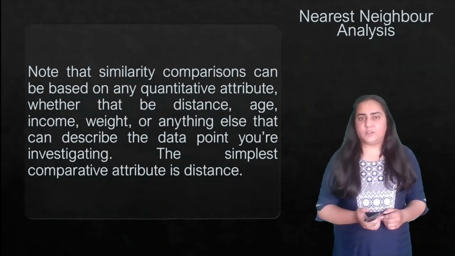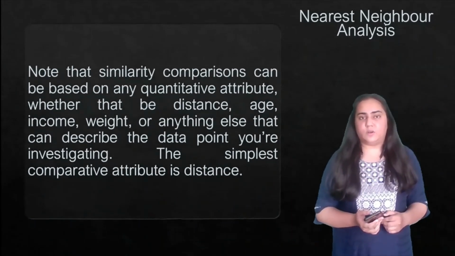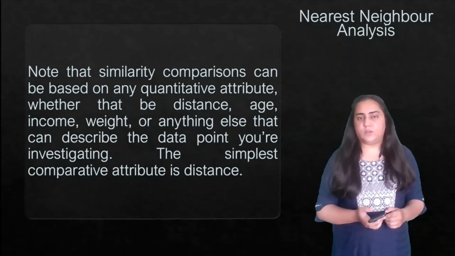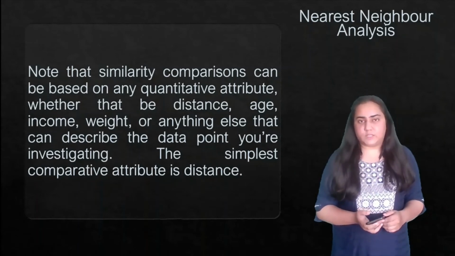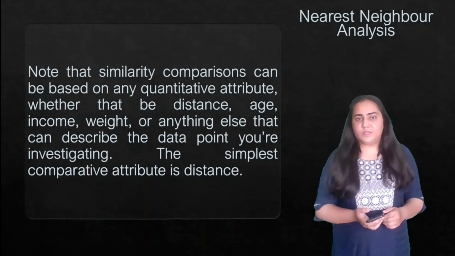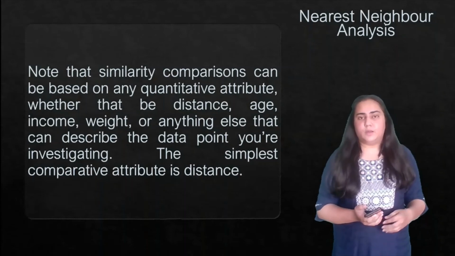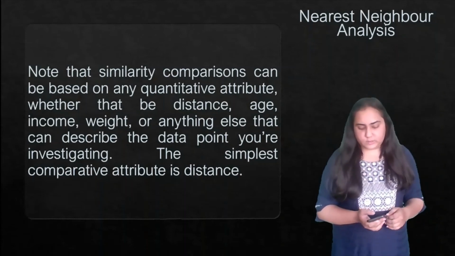Note that similarity comparisons can be based on any quantitative attribute, whether that be distance, age, income, weight, or anything else that you can describe the data point with. The simplest comparative attribute is distance, of course, which is why we create scatter plots and try to plot data and find the nearest distance.